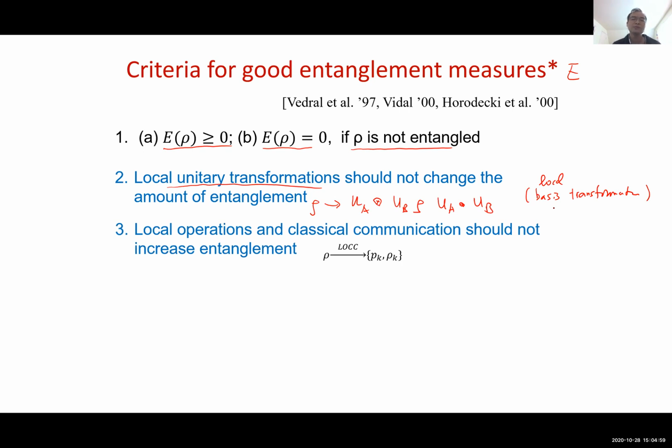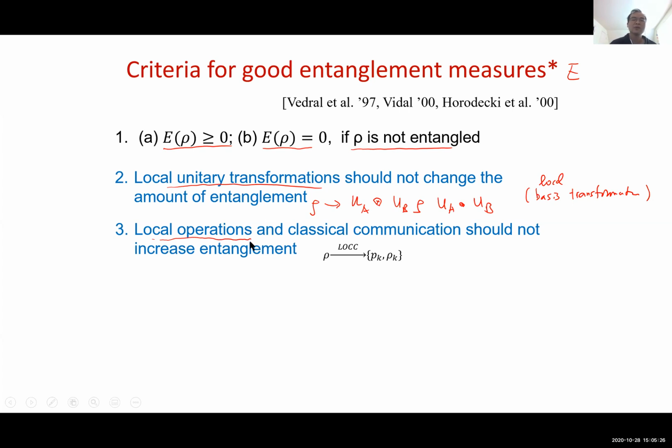Third, if you have local operations, that includes measurement, right? Remember I was using the two pairs of two-qubit state to illustrate the entanglement distillation. There I needed to use some measurement, and with the outcome I have to inform the other party to do some unitary.